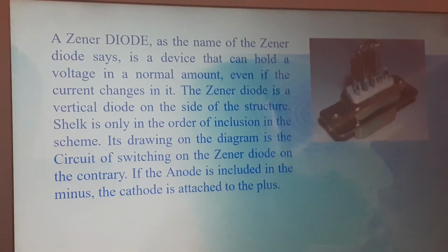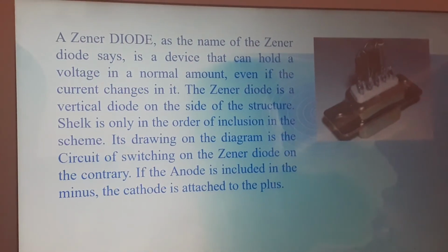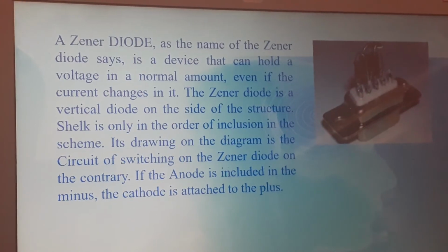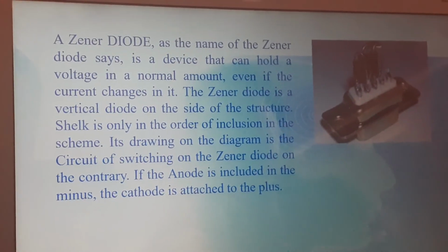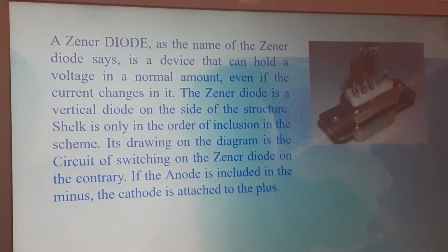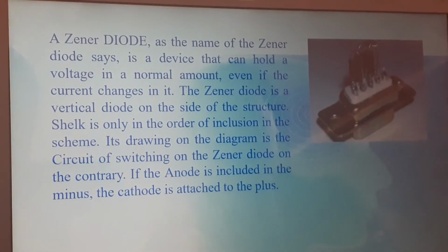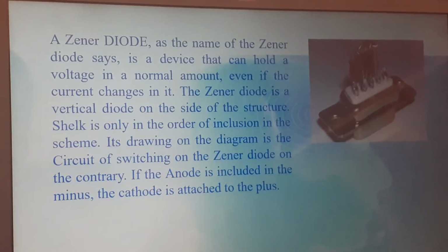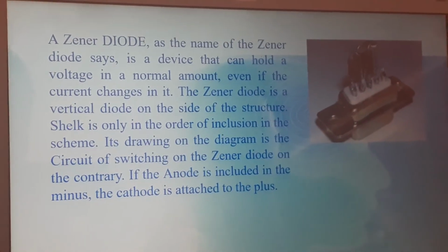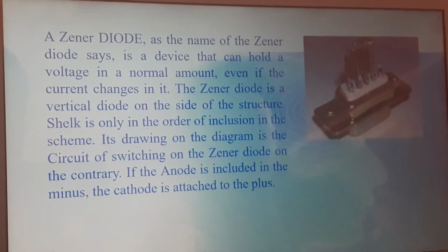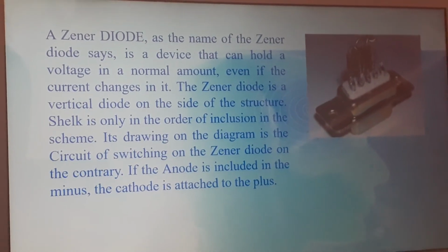The Zener diode is a vertical diode on the side of the structure. Its drawing on the diagram is the circuit of switching on the Zener diode.